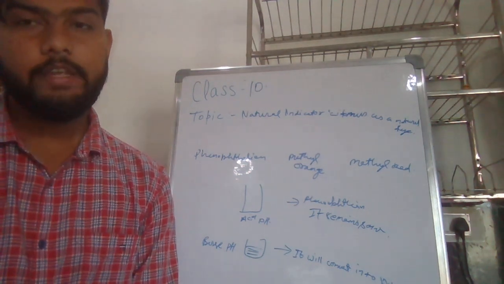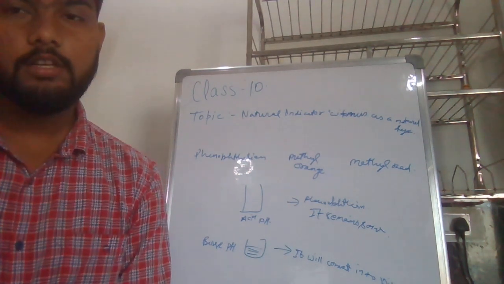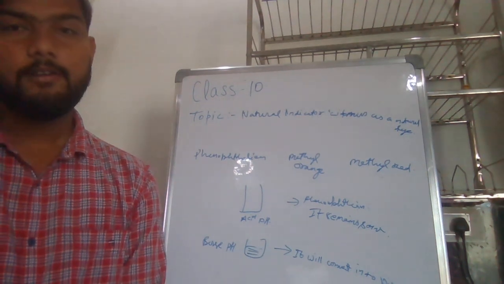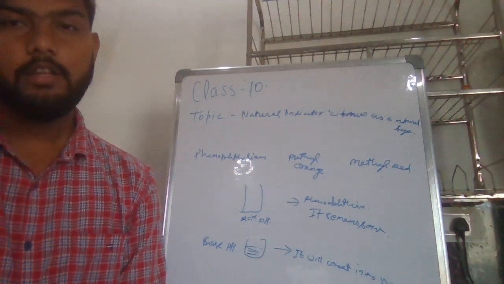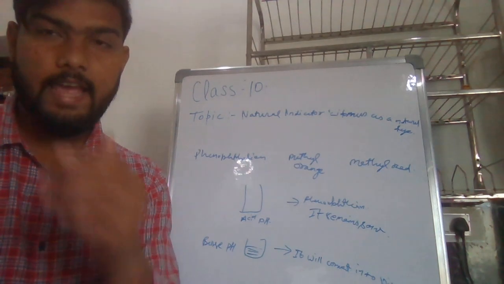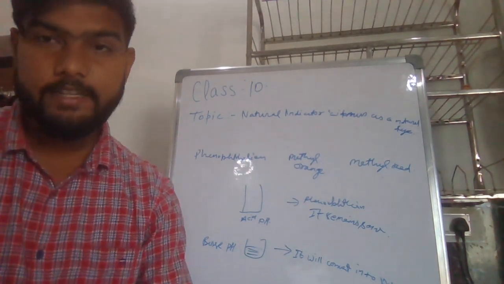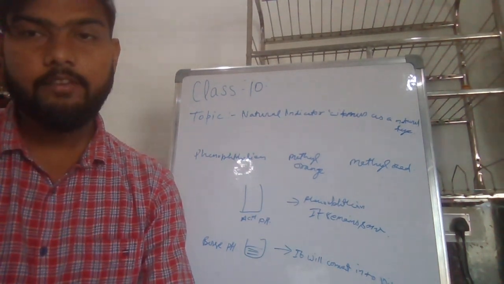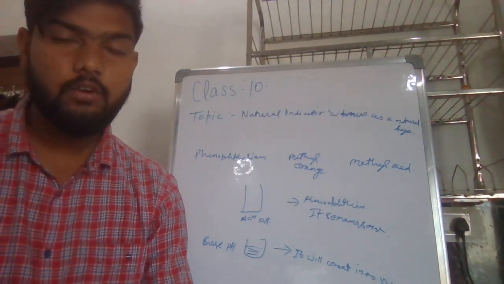Now we come to methyl orange, which is originally orange in color. It turns red with an acid and yellow with a base.